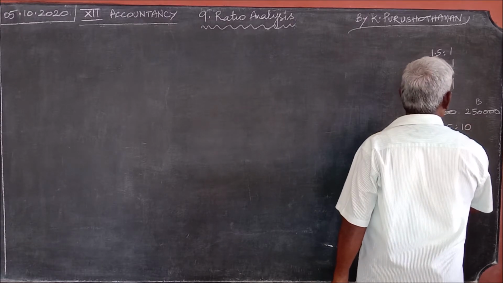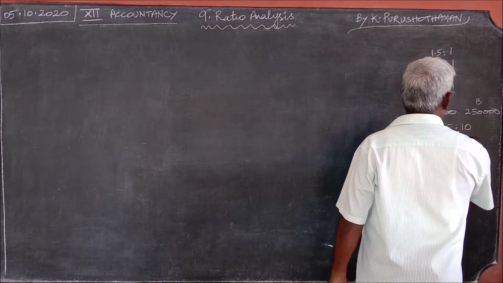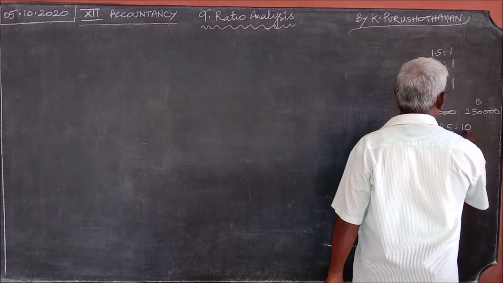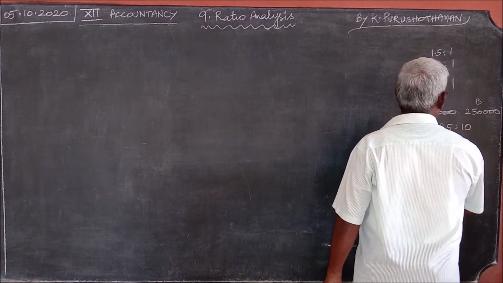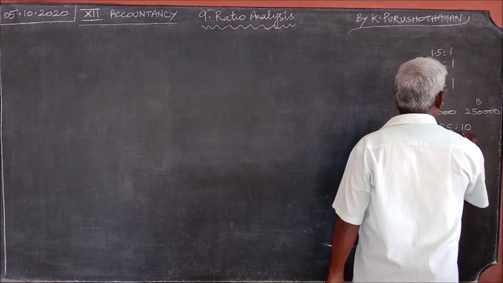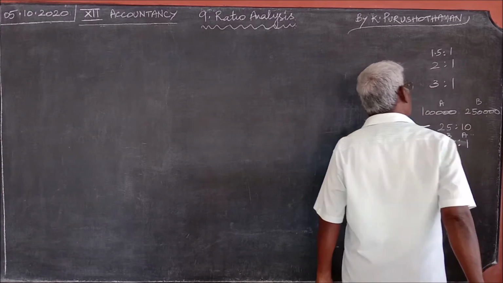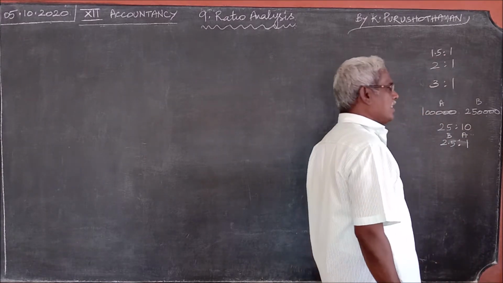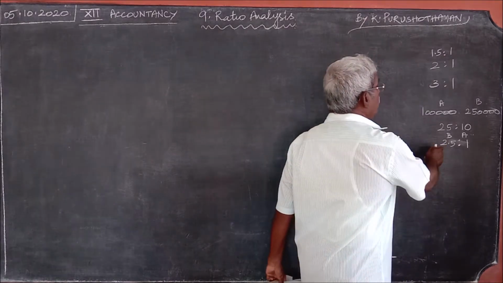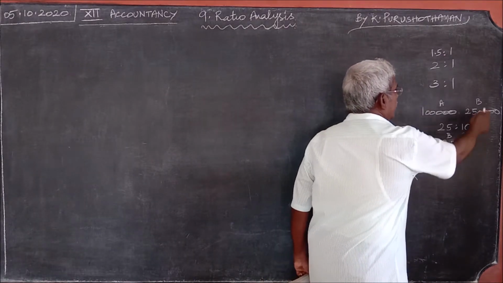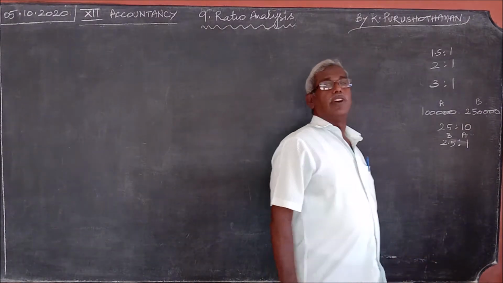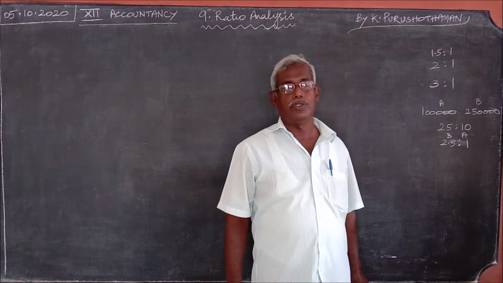Dividing both sides by 10, it becomes 2.5:1. This is for B, this is for A. Therefore we can simply say B earns 2.5 times more than unit A. This is the method, so it is easy for comparison purposes.